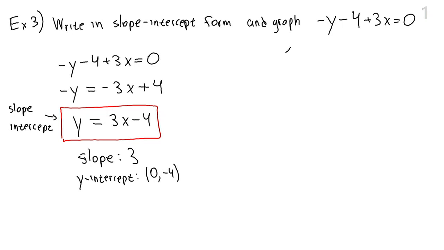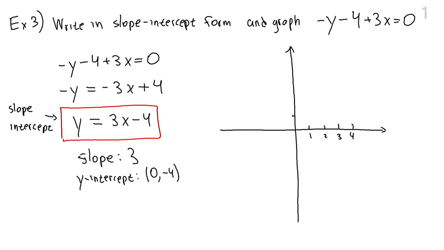And when we are graphing this, we will start by graphing the y-intercept. The y-intercept is 0, negative 4, which is here.